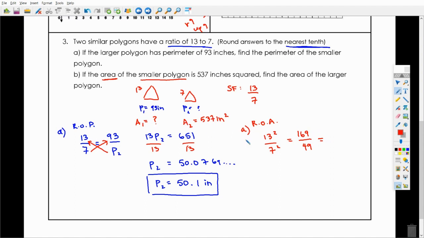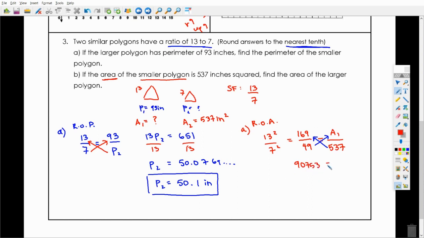And so that's equal to, put your areas as a ratio, which one goes on top? Well, we have the smaller one, so the larger variable, A1, goes on top. 537 is going to go on the bottom. And so cross multiply like we've done before.